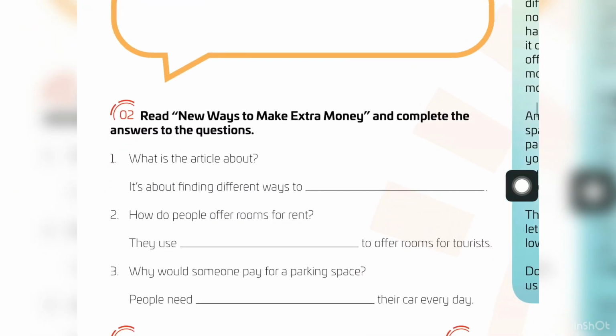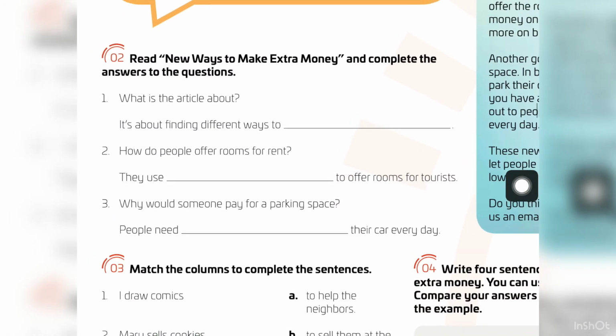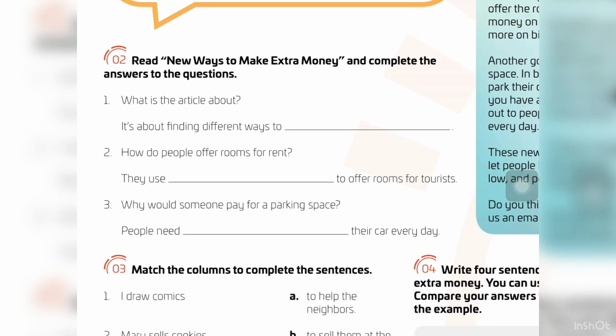Good. In point number 2, read New Ways to Make Extra Money and complete the answers to each question. So we have three questions and 3 answers, but these answers are incomplete.